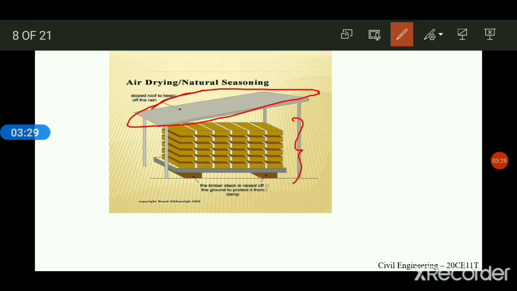Number two, the duration of drying depends upon the type of wood and the size of wood. Number three, the rate of drying is very slow. And next, it reduces the moisture content of wood to 12 to 15%. So this is the procedure of seasoning naturally.